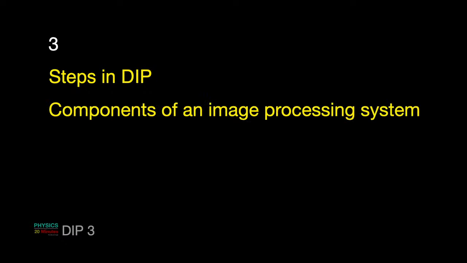Today we are going to learn some of the important steps that we take in DIP, and we will talk about components of an image processing system. So these are the two parts in this lecture.